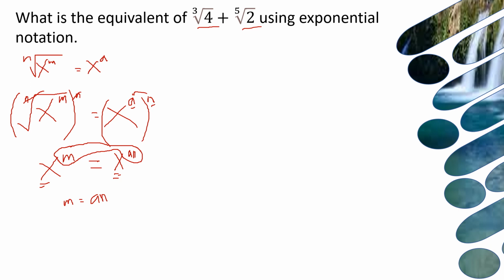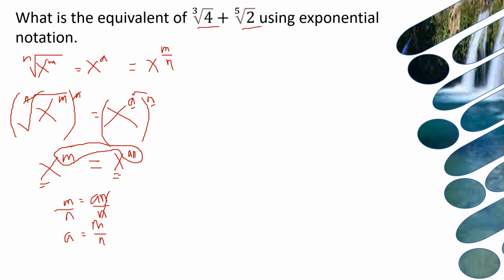Now solving for a, we divide all sides by n. We have a is equal to m over n. Going back to our equation, therefore, since a is m over n, we have x raised to m over n.